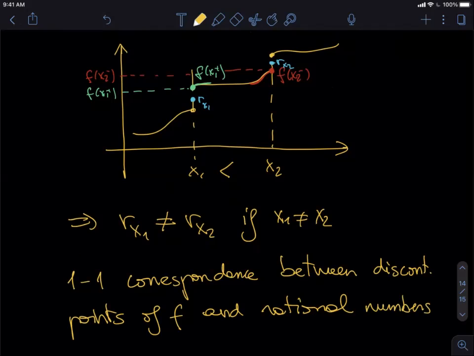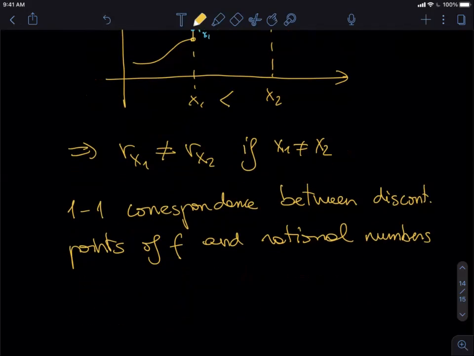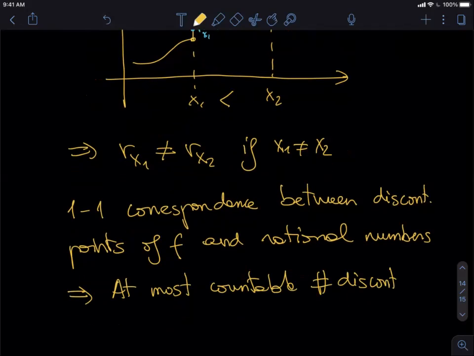For every discontinuity, we are able to find a rational number. And that means that how many discontinuities can we find? At most, as many as rational numbers. So therefore, at most a countable number of discontinuities. And that finishes the proof.